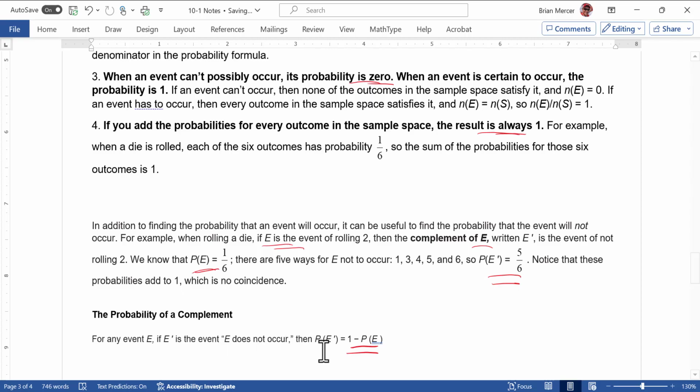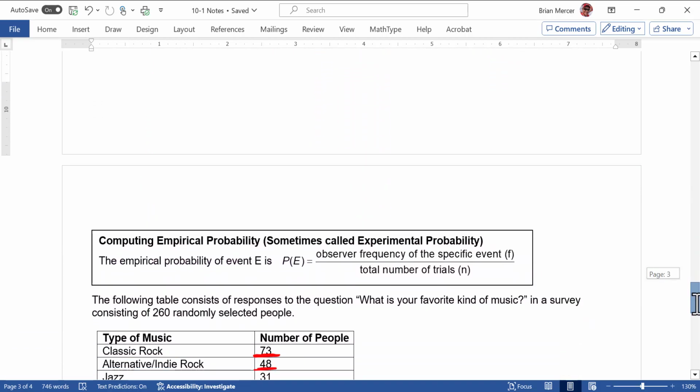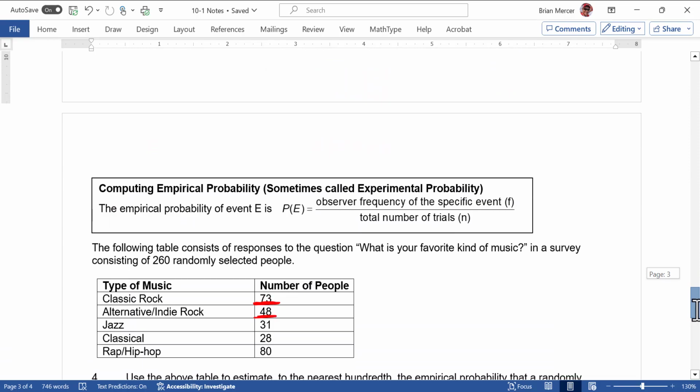So if you know the probability of an event, then the probability of its complement, the probability that the event doesn't happen, is 1 minus the probability that it does happen. So that's a good observation and sometimes very useful. I'll mention that again here in just a second.